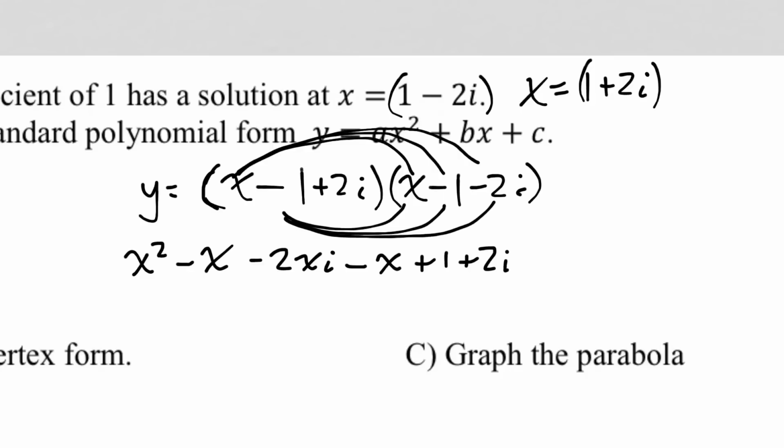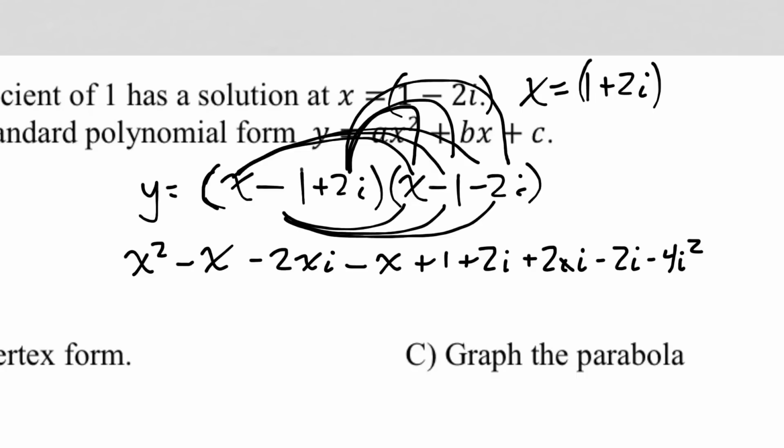Now let's do the last one. Positive 2i times x is a positive 2xi. Positive 2i times negative 1 is a negative 2i. And a positive 2i times a negative 2i is a negative 4i squared. Now this may look gross, but a lot of stuff cancels out and we're only left with a few pieces.